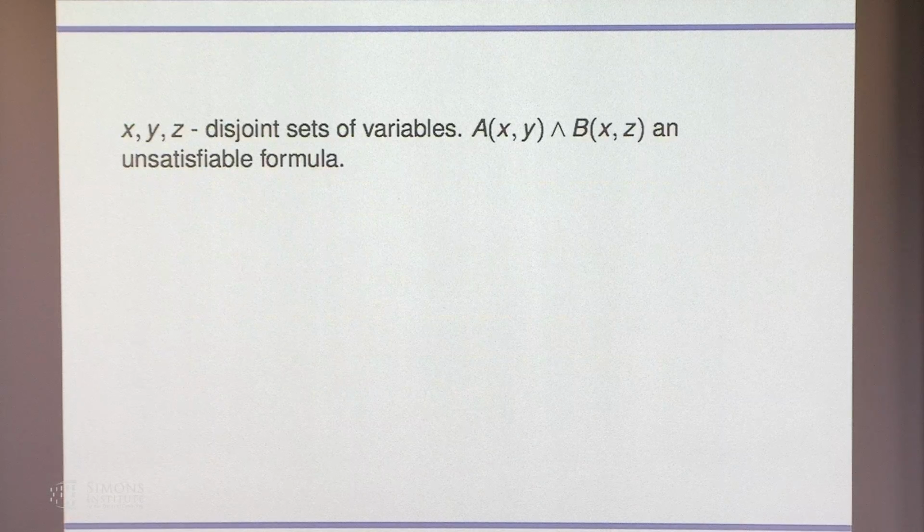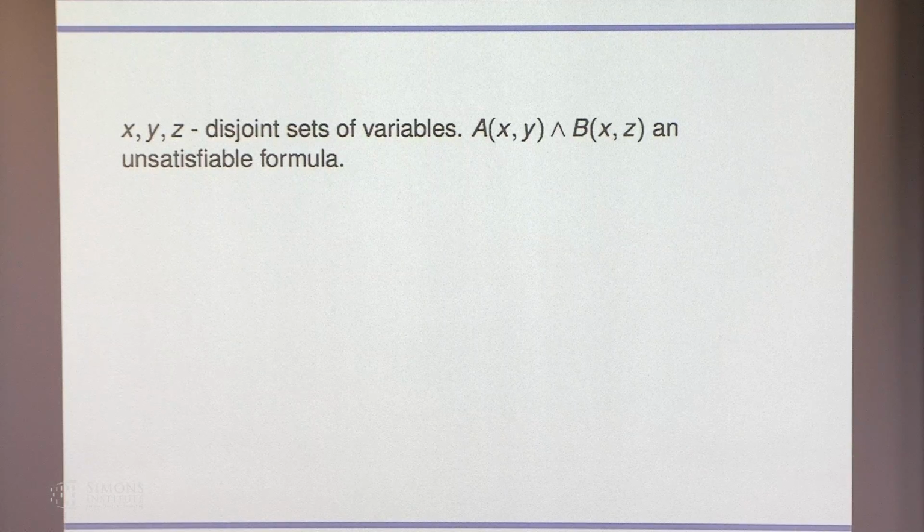And the way people usually make it work is the following. In the communication game we had before, there were two sets of variables and two players. Here, for some reason, there will be three sets of variables, x, y, and z, and you will have an unsatisfiable formula of the form A(x, y) and B(x, z), meaning that the formulas A and B share only the variables x, and they don't share the variables y or z, which is actually the situation we already discussed, like in the clique and coloring.